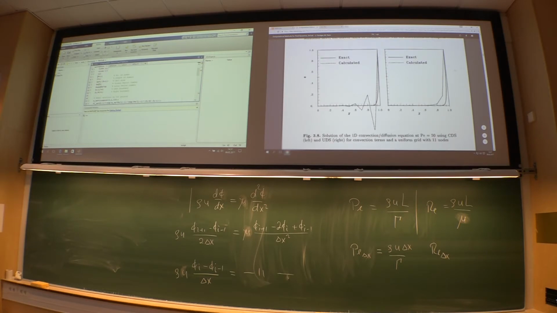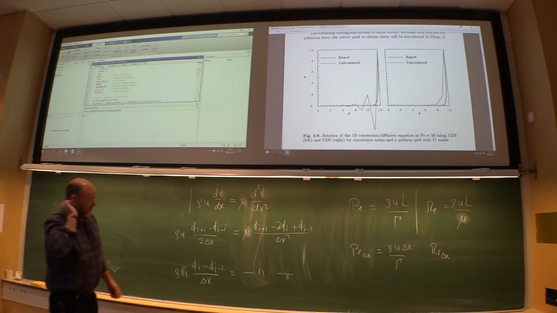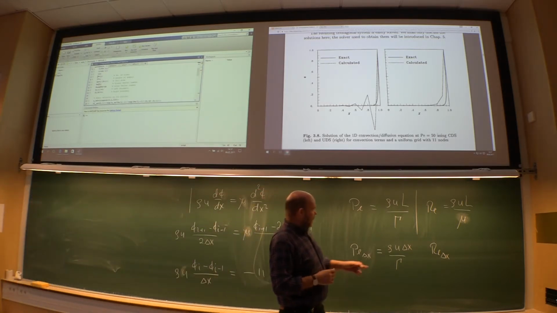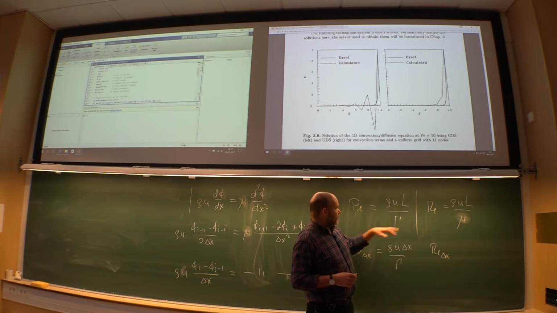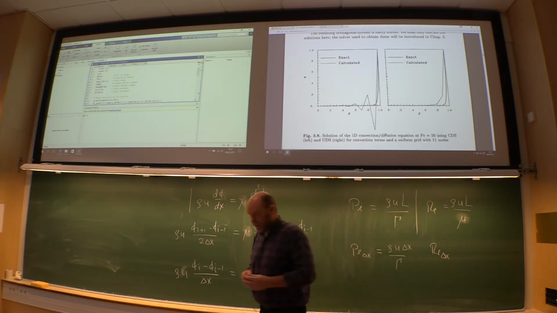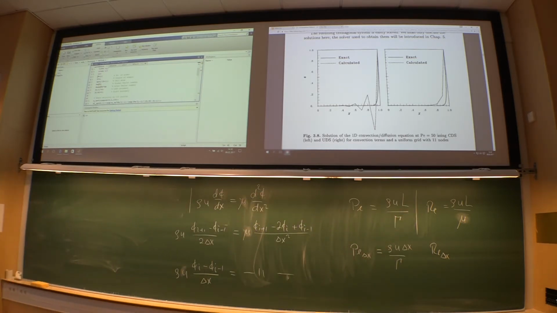What's interesting is the results. So here, first case they have been running, Peclet number is 50, Reynolds number is 50. That's the bulk Reynolds number. But if you look at the scale here, if you want to use a delta x instead, well, a non-dimensional delta x will be delta x over L. So if you just multiply this one with a delta x, then you have the cell Reynolds number instead, or cell Peclet number.